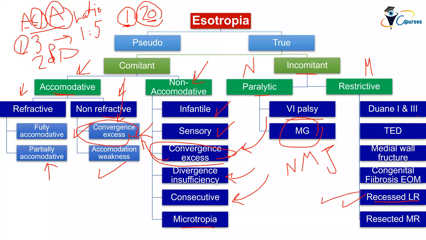By the way, recession will cause weakening of the muscle. So if we cause much weakening of the lateral rectus, this will result in esotropia. Or resected medial rectus: resection strengthens the action, so resection of the medial rectus will result in more esotropia, or more inward deviation of the eye.